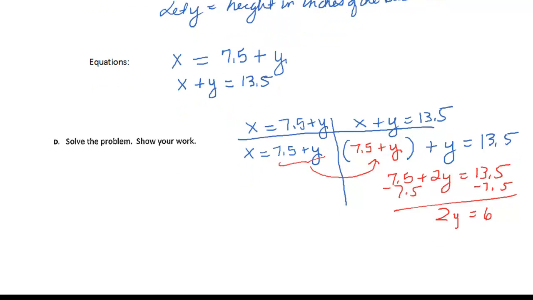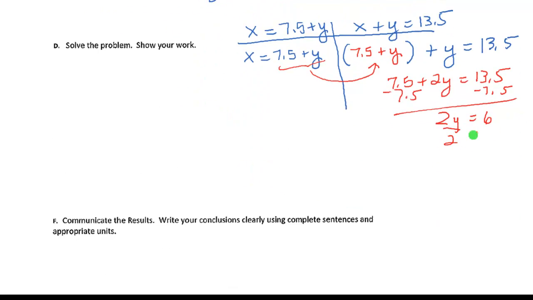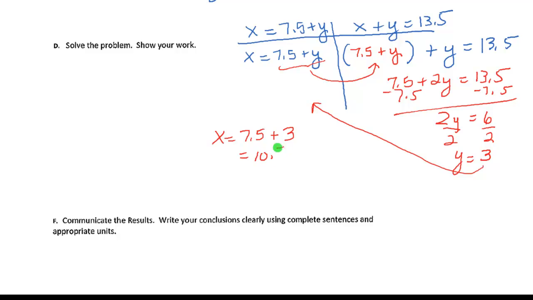Then we're going to divide by 2. So y equals 3. So what have we found? We found that the base is 3 inches. Now we need to find x, and x is 7.5 inches more than the base. So substitute x equals 7.5 plus y, so 10.5 inches.